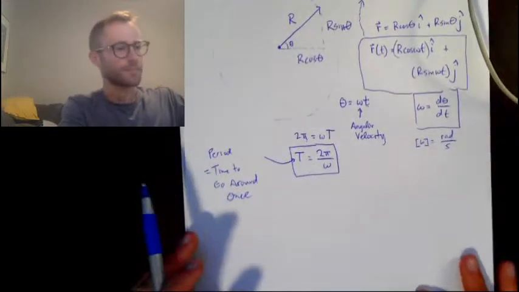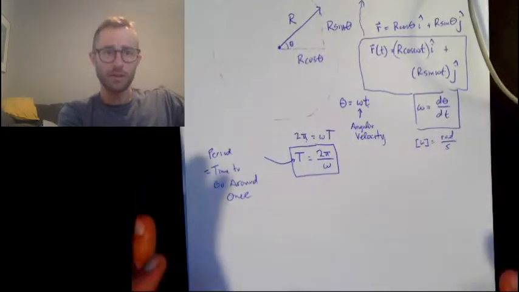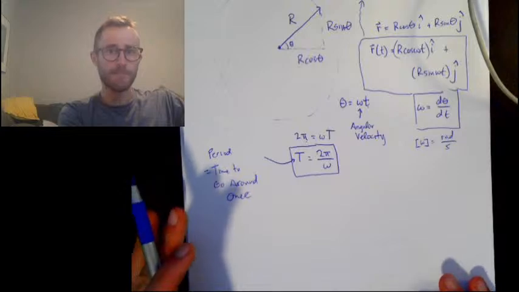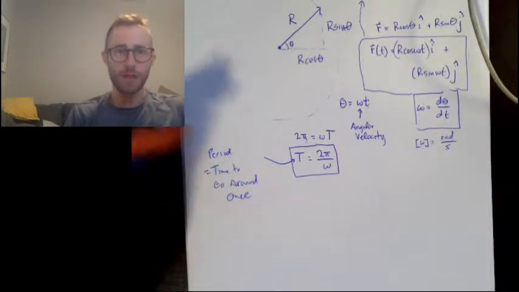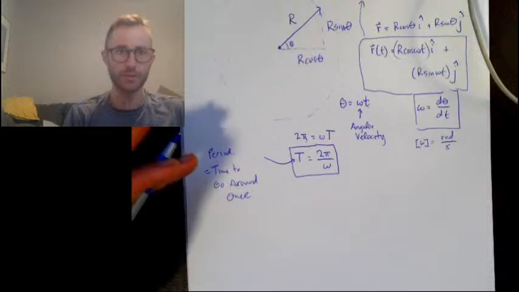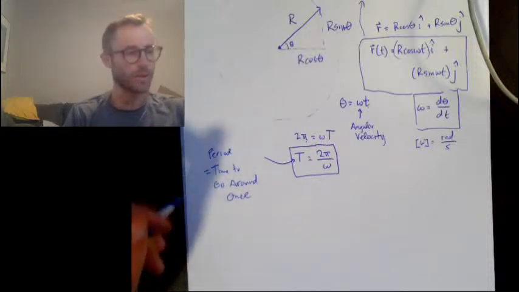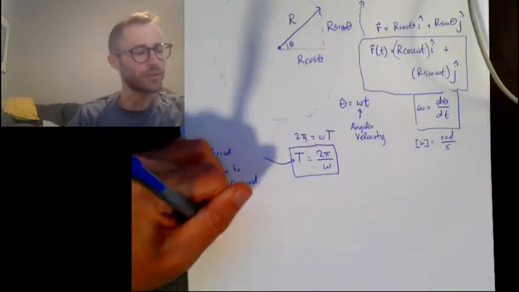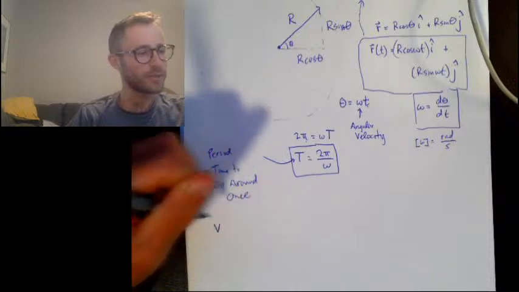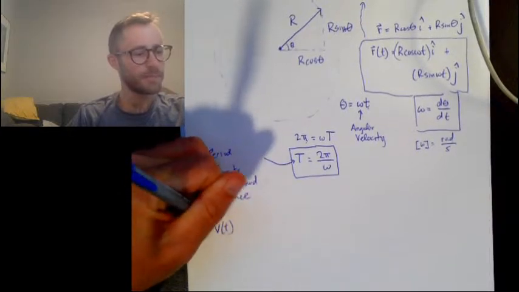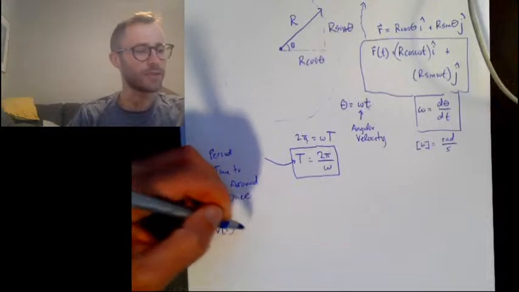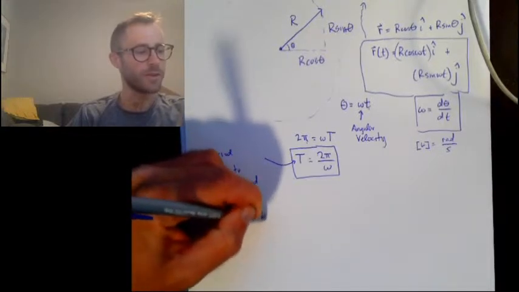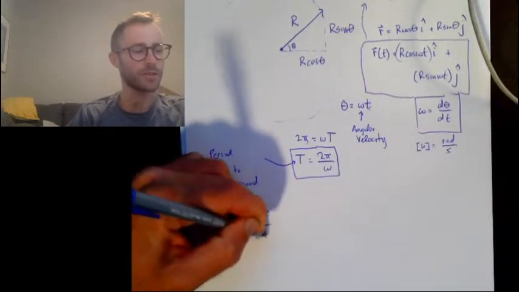All right. So now what I would like to do is derive a lot of the equations for circular motion that we used last year. So, for example, let's get the velocity as a function of time. The velocity as a function of time is the derivative of the position vector as a function of time.